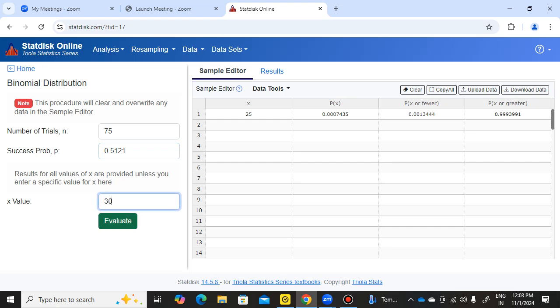30 would be 0.014082. That has also dropped. And 55 is 0.0000485.